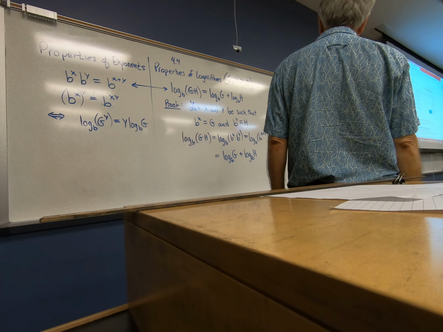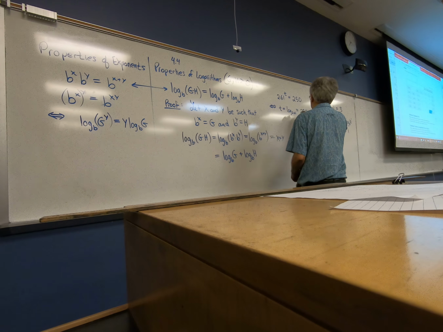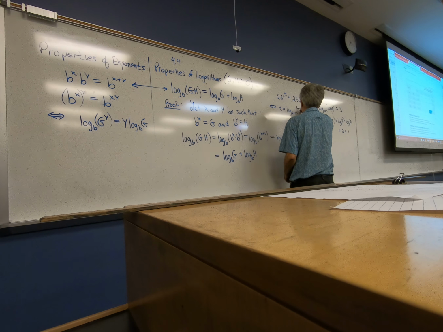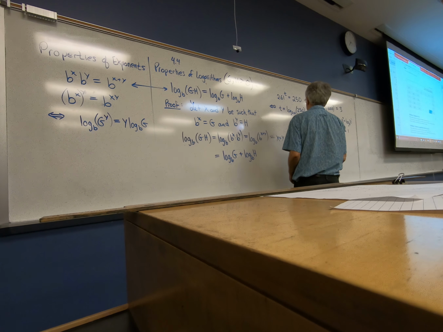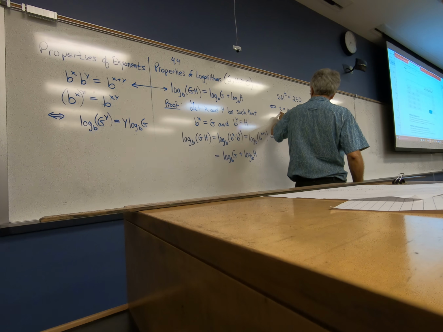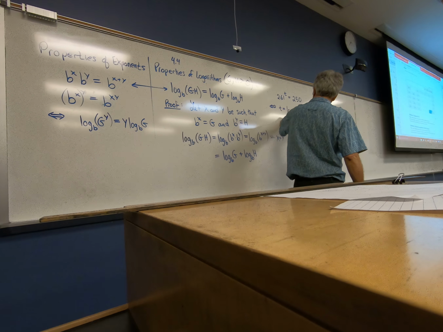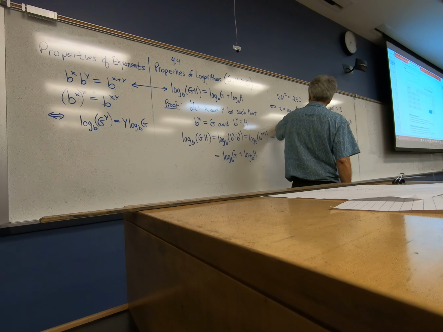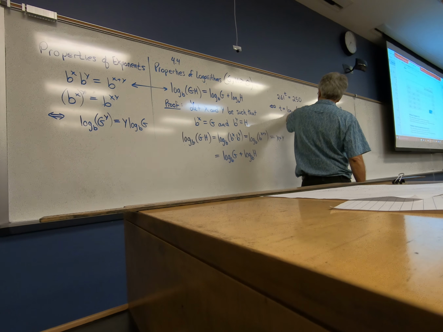T is the exponent. A logarithm is an exponent. So what exponent is this? This is the exponent which when applied to this base 2.61 gives me 250.